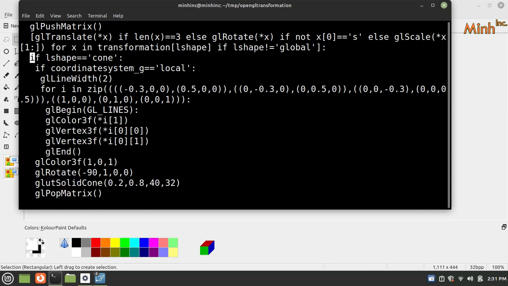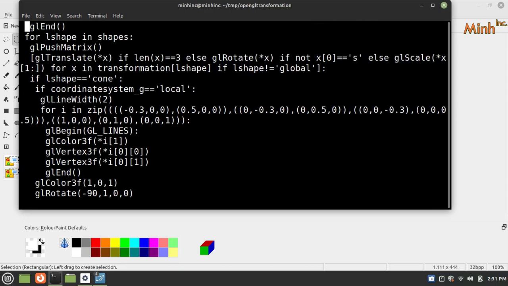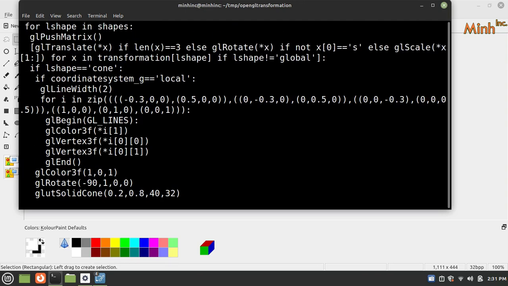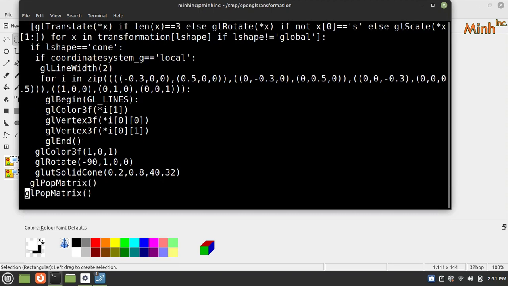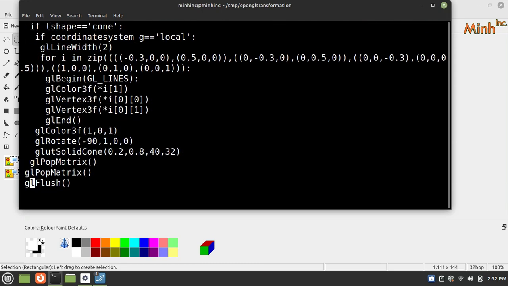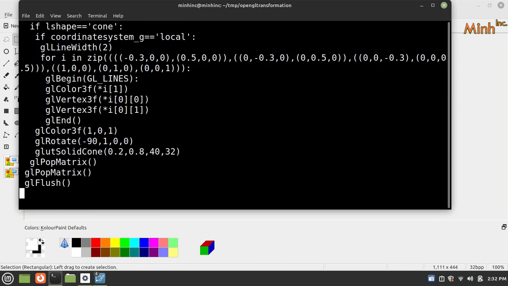So if shape equal to cone, okay, so if our shape is cone, okay, whatsoever, since we have done the push matrix above the shape, for every item we have done the push matrix, we will do the pop matrix. So push matrix for every shape, and then we'll do pop matrix, then finally pop matrix for the global, what we had done the push matrix, and then GL flush.